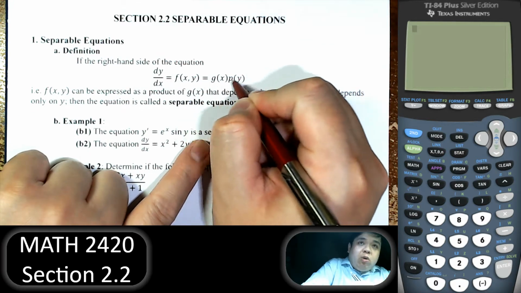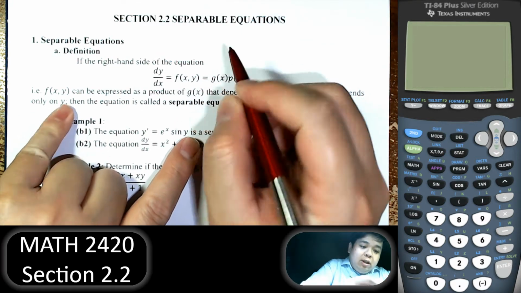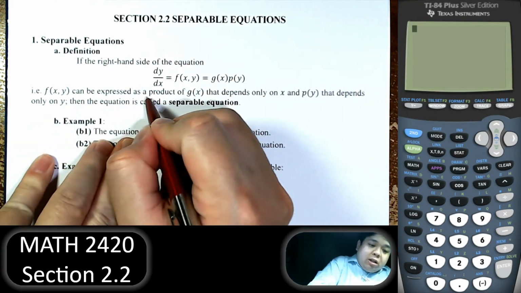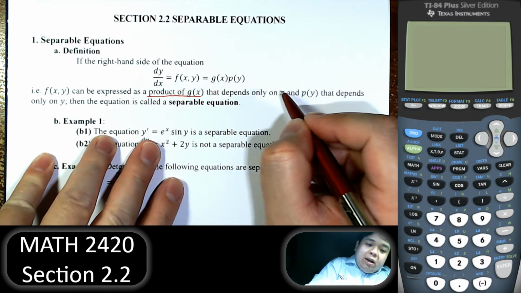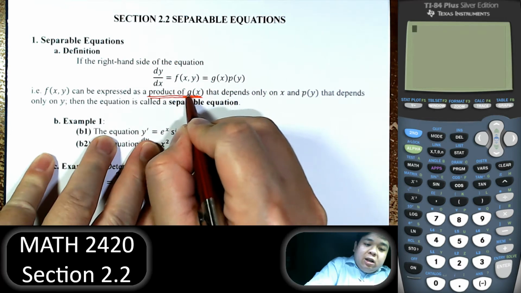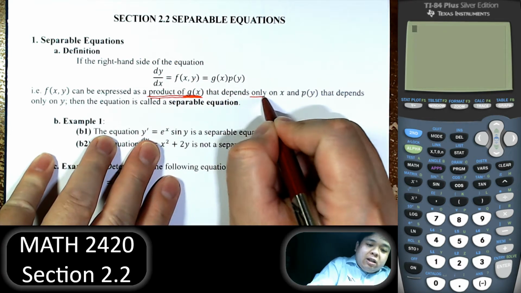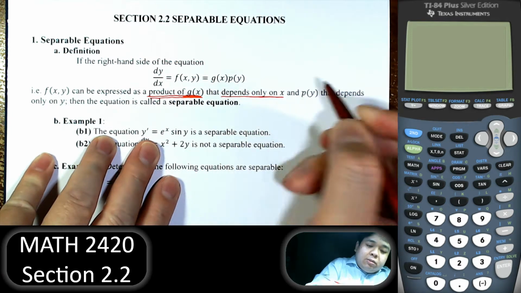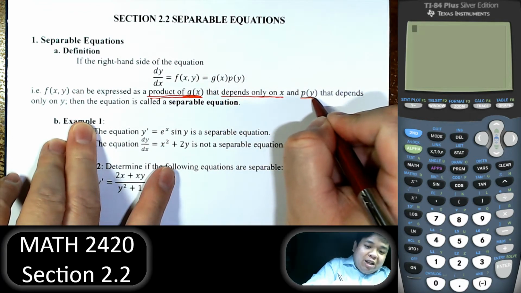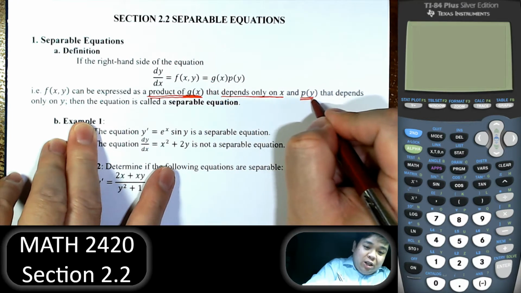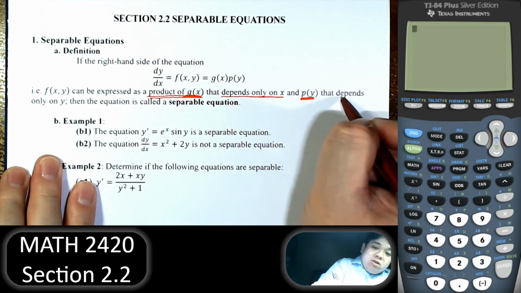The function on the right can be expressed as the product of g of x, where g of x means it only depends on x, and then p of y, that only depends on y. There's a reason we choose p instead of g.